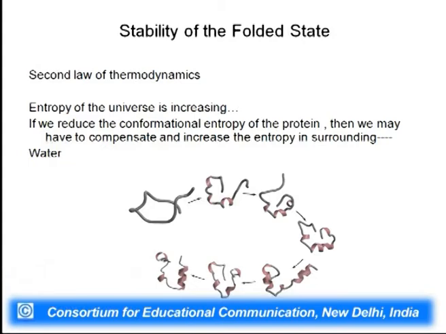When protein folding occurs, it is either occurring in vitro where you also have buffers, ions and water present, or in the cell, where you have cytosol, all the molecules, chaperones and ions and water always present around it. So, protein will always be associated with water, and whenever we talk about this entropy component, we are going to reduce the entropy of the protein and give it back to the water.